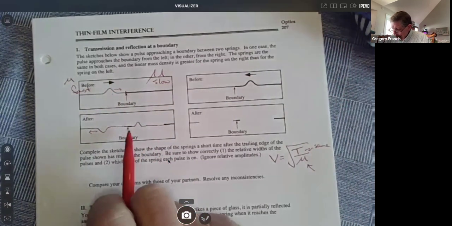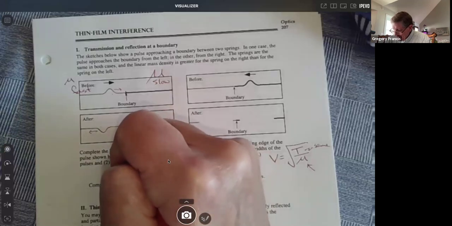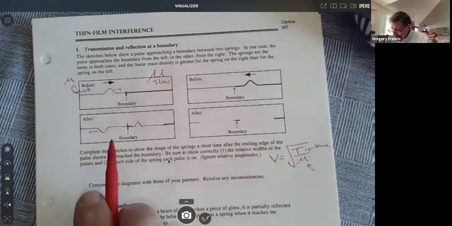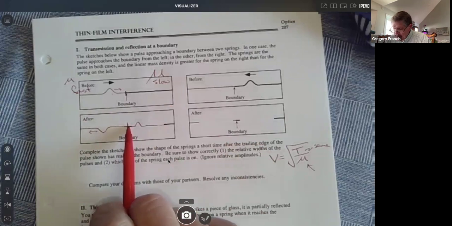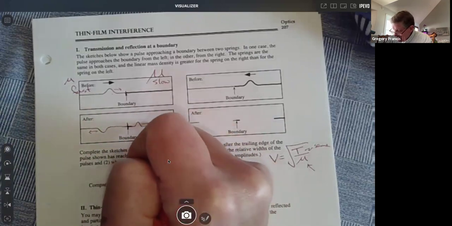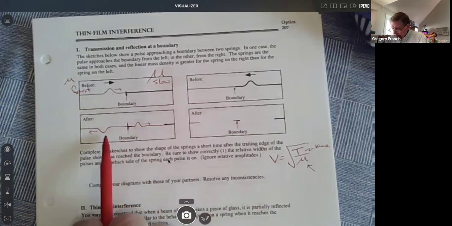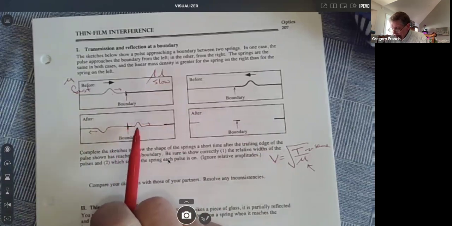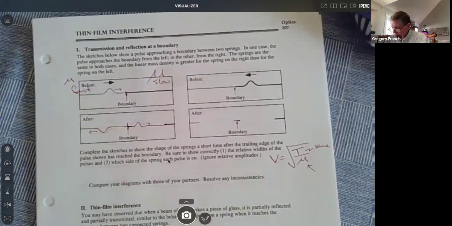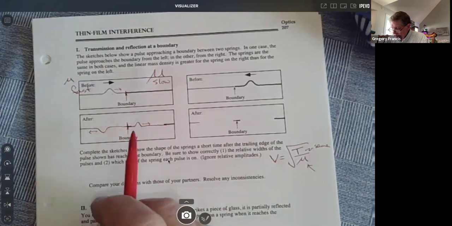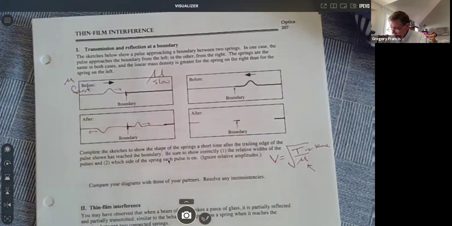And also, since both of these pulses, I call them the twins, were born at the same time at the same hospital, right here, and then scurried away from each other, the fast pulse got further away from the hospital than the slow pulse. And so that's what the pulses would look like shortly after the original pulse hit the boundary and split.